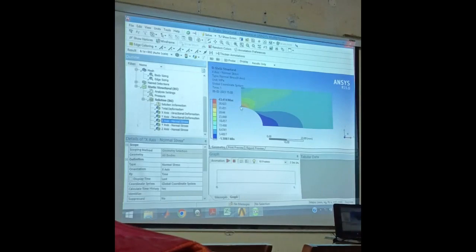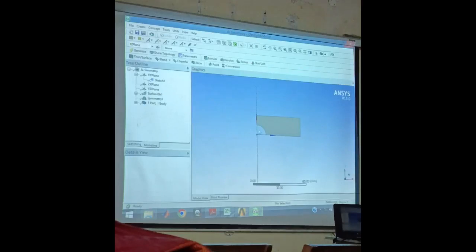Now, to make it more convenient, I want to move this problem to an infinite plate. To make the infinite plate, there are two things I can do. Either this circle can be made smaller or the dimensions could be bigger.